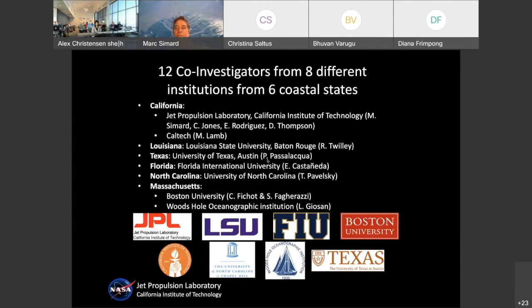We also have from Caltech, Mike Lamb, and this is in collaboration with Louisiana State University, Robert Twilley, the University of Texas in Austin, Paola Passalacqua, Florida International University, Edward Castaneda, University of North Carolina is Tamlin Pavelsky. In Massachusetts, we have from Boston University, Cedric Fichot and Sergio Fagherazzi, and the Woods Hole Oceanographic Institution, we have Liviu Giosan.